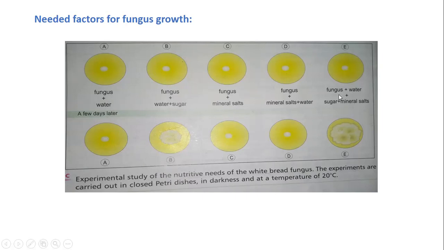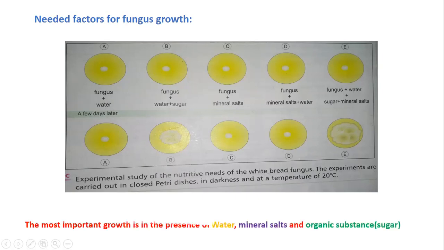Finally, in E, we add to the fungus water, sugar, and mineral salts. Look at the development. There is a huge development. Okay, this means that the most important growth is in the presence of water, mineral salts, and organic substance, which is the sugar.